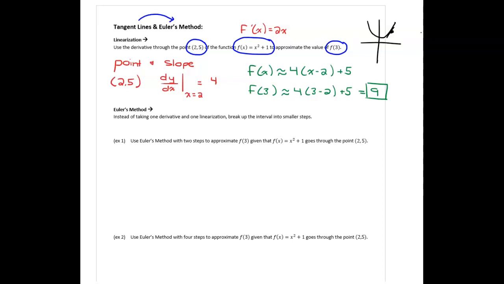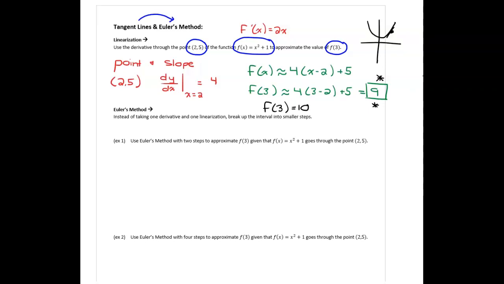Now we all know that 3 squared plus 1 is actually 10, so this is an underestimate. How could I have guessed that this was going to be an underestimate? Well, this is concave up, and since we have a linearization of something that's concave up, we're going to get an underestimate. So f(3) is actually 10, but this right here is our estimate.